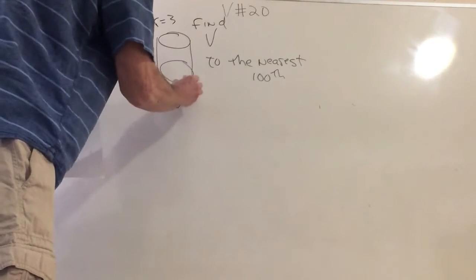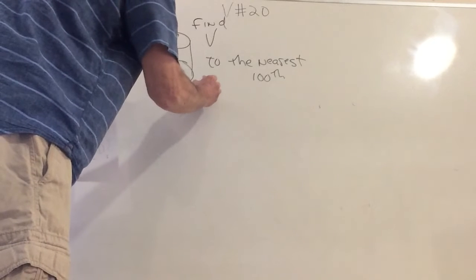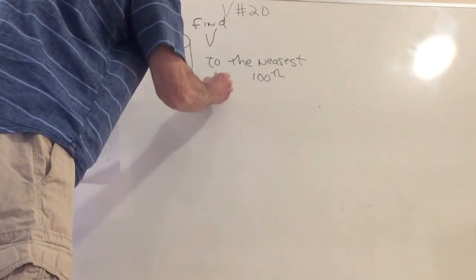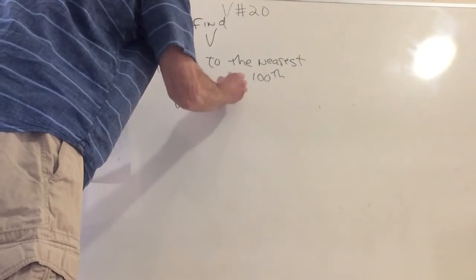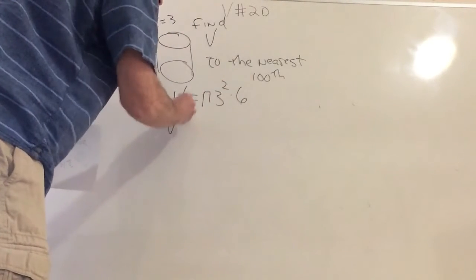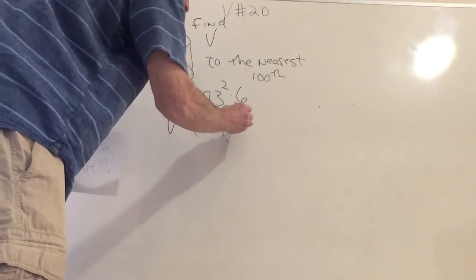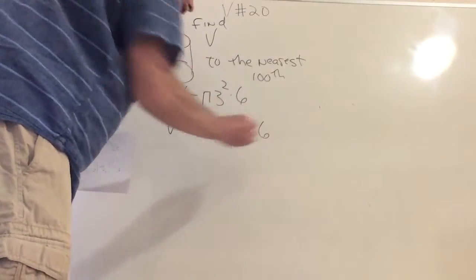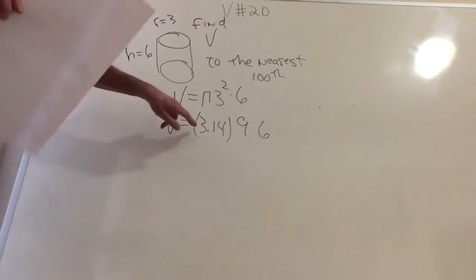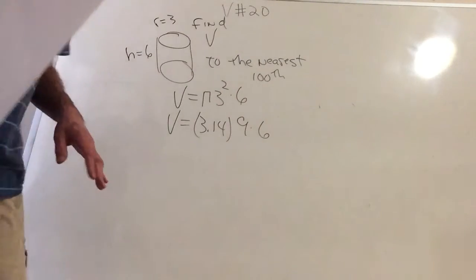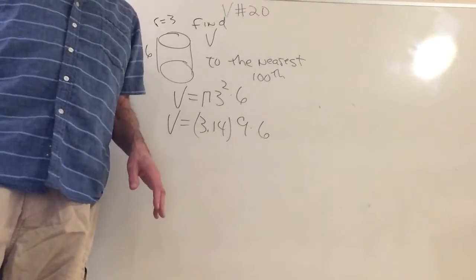But when you do the math, you get pi times 3 squared times 6. But even if you wanted to do it without a calculator, the work is handed out for you, because 3.14 times 54 is work that we're really not interested in.